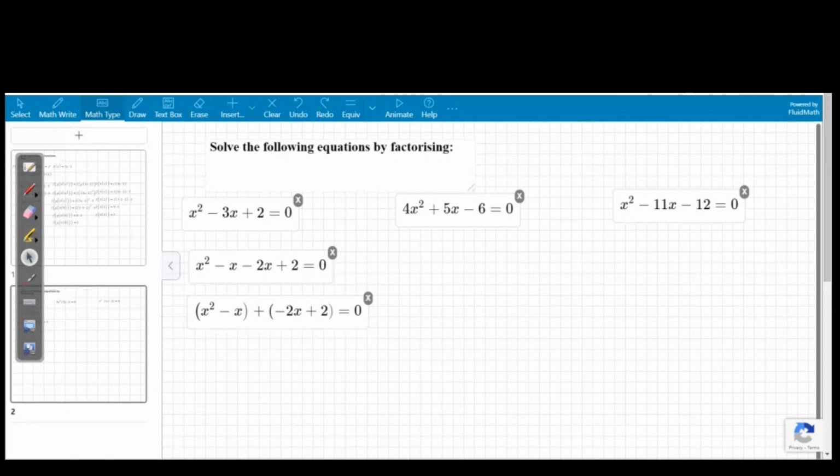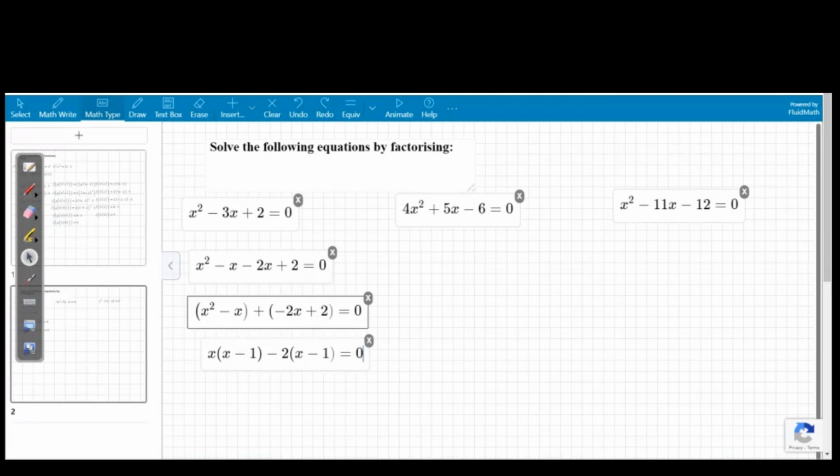In doing so, the common factor here is what? x. We have x times x minus 1. Then we could factorize minus 2 out, so we have minus 2 times x minus 1, and all this is equal to 0.